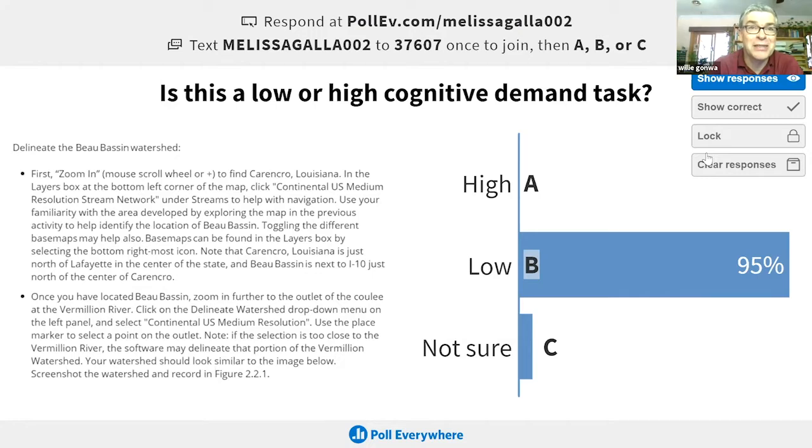There's lots of judgment involved in delineating an area that is very full of wetlands. So I think an argument could be made that this could be done as a high cognitive task if your goal isn't just to grab a watershed, but your goal is, as David Tarbotton does in his hydrology class, to go into the very low level explanations of why and how and want the students to really understand it. So depending on the setting, it might be valuable to have it as a high cognitive task.